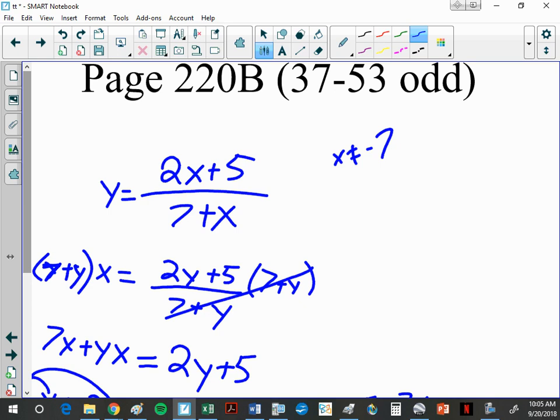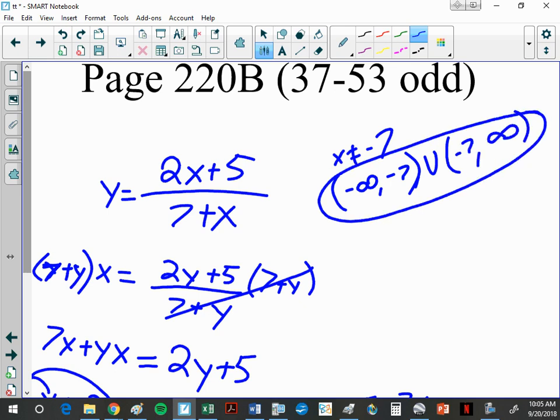So the domain of the original is negative infinity to negative 7, union with negative 7 to infinity. That becomes the range of the inverse. Okay. This is kind of tough. Oh no, it's not too bad.